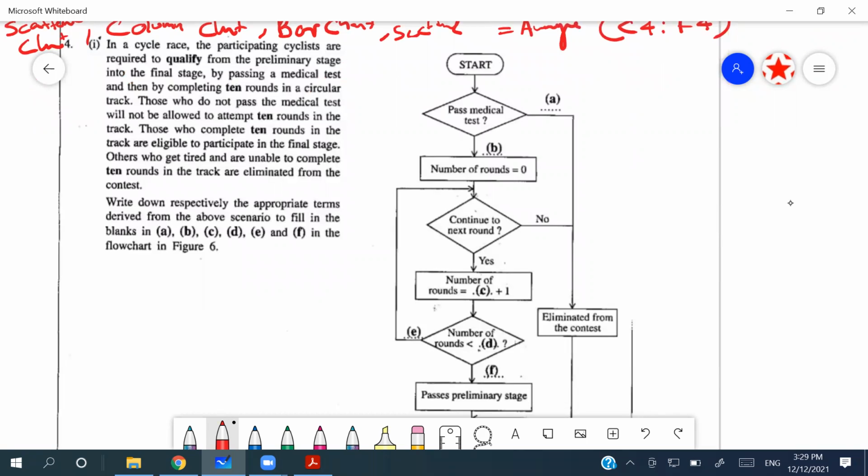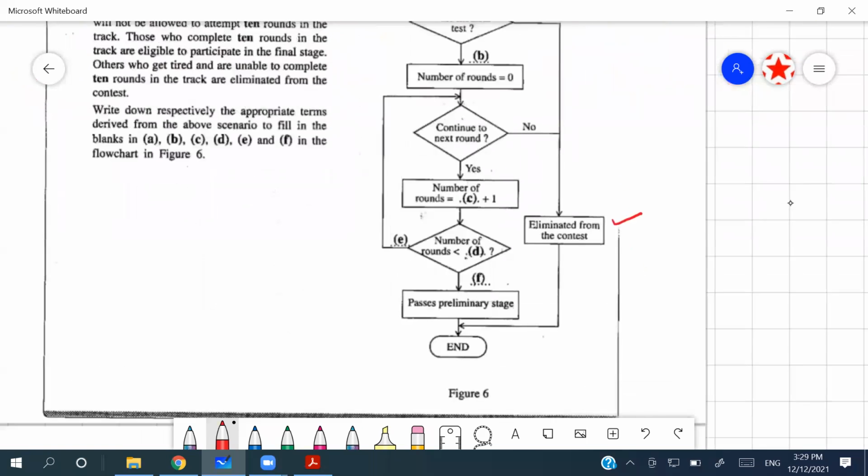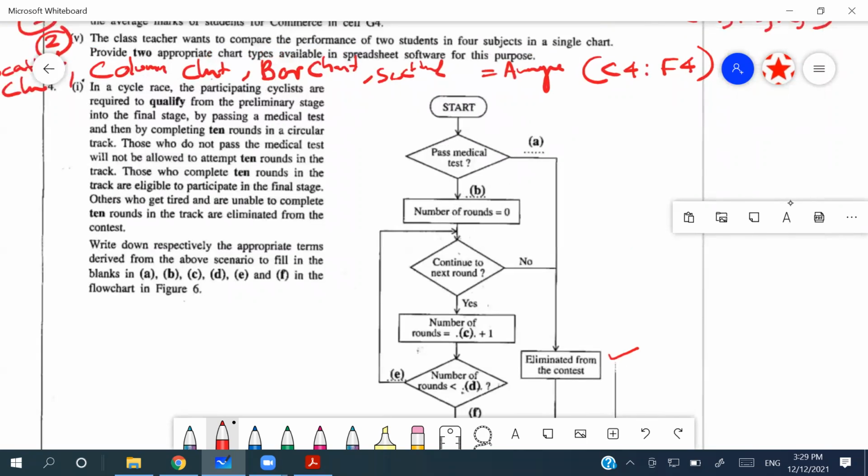One is leading to eliminated from the contest. Other one is leading to number of rounds. So definitely number of rounds are given if the medical test is passed. So B is going to be yes. A is going to be no. Or even true and false can be taken.